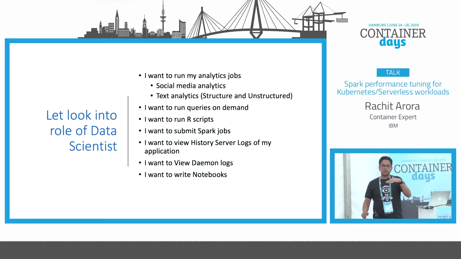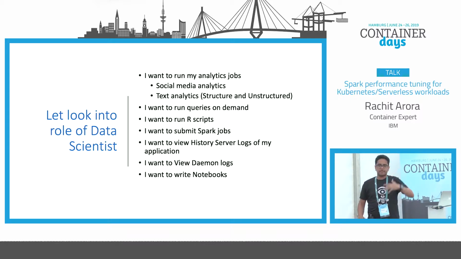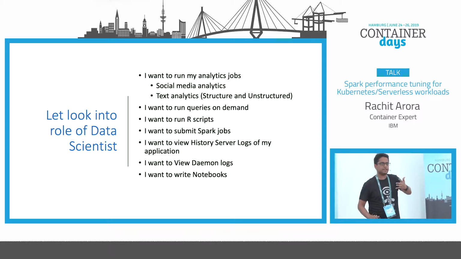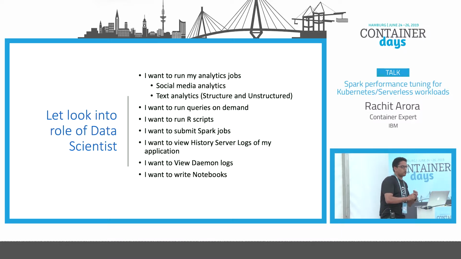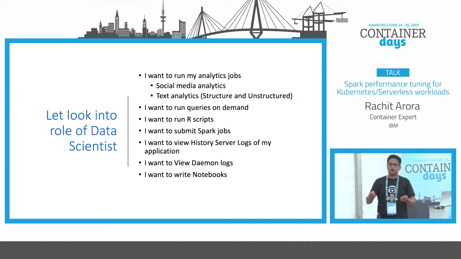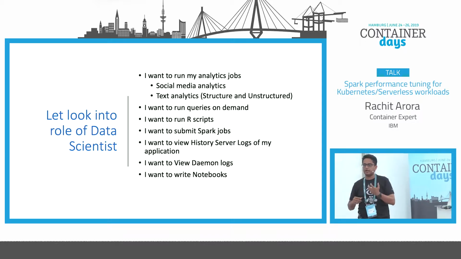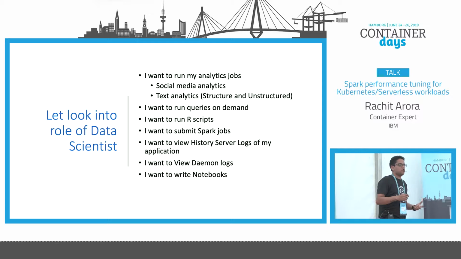So just to go one level deeper on the data scientist: what are you really looking to do as a data scientist? I just want to run some analytical jobs. I want to do social media analytics, text analytics. I want to run Spark jobs or R scripts, right?